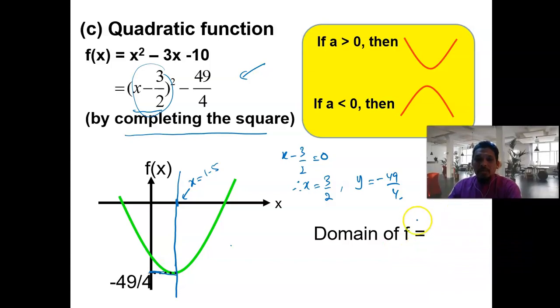So what is the domain of this function? The domain, let's say this is unlimited, it keeps continuing here. If we refer to the x-axis, as I said just now, there are many coordinates of x and y along this graph.